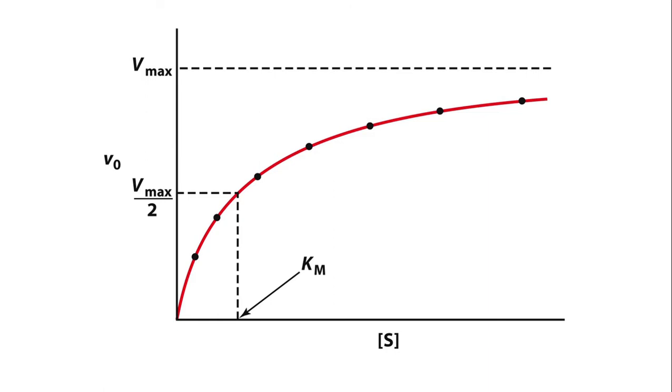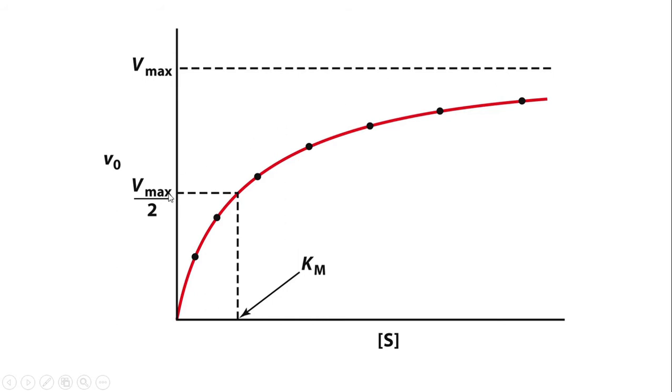Again, this is a Michaelis-Menten graph. We didn't look at what this graph can tell us or describe anything about this graph other than it is a hyperbolic curve. But it tells us a few things. The Vmax is the enzyme's maximum velocity, or how fast the enzyme can work in converting substrate S to product when the enzyme is saturated.